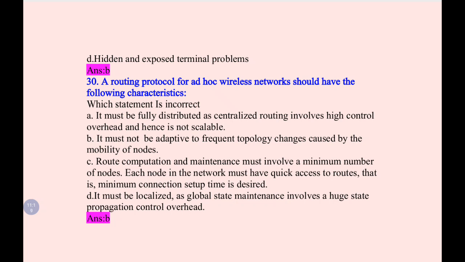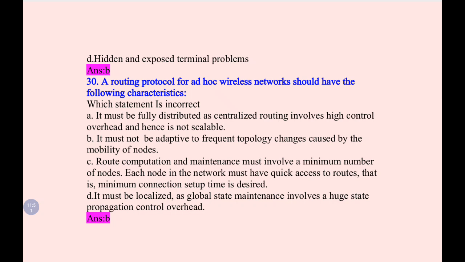First one, it must be fully distributed as centralized routing involves high control overhead and hence it is not scalable. Second thing is it must not be adaptive to frequent topology changes. Third is the route computation and maintenance must involve a minimum number of nodes. And fourth one is it must be localized as global state maintenance involves a huge state propagation control overhead.